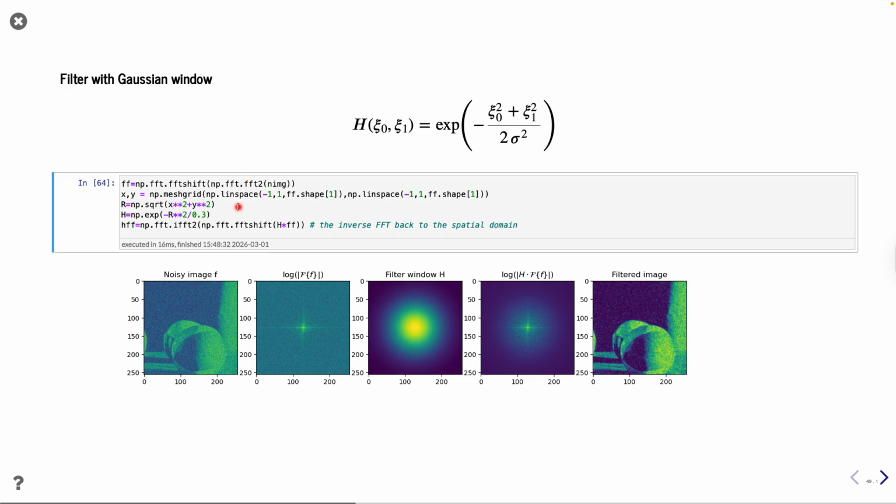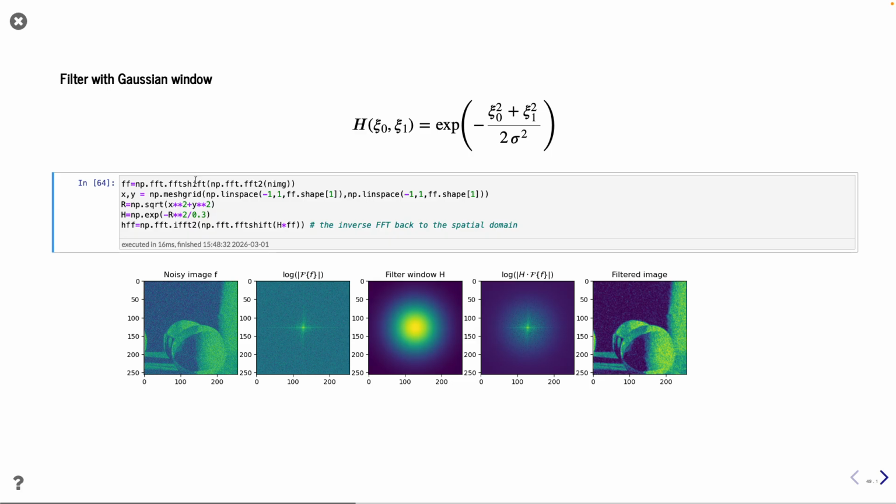Here I also provide the code how to do it. And one interesting thing is I'm not only using the Fourier transform, but I'm also using a function called FFT shift. That's a technical detail about the fast Fourier transform, that it reshuffles the quadrants.